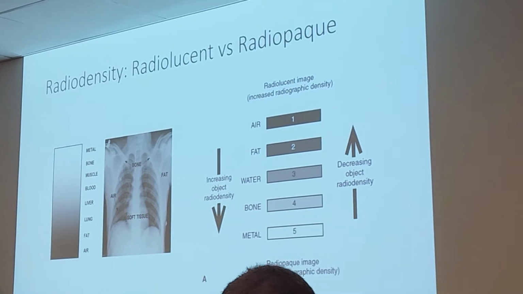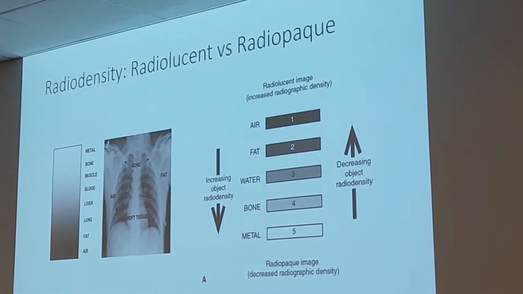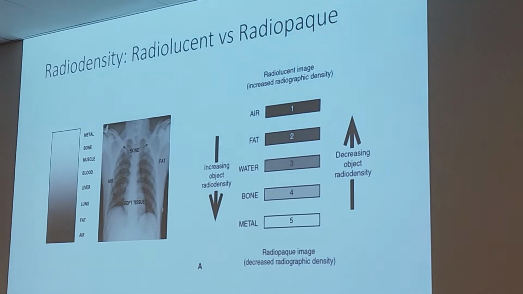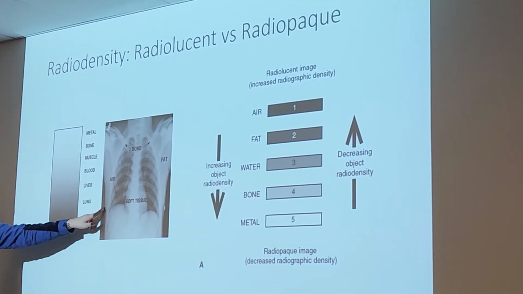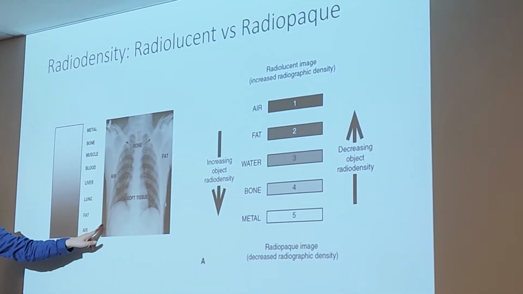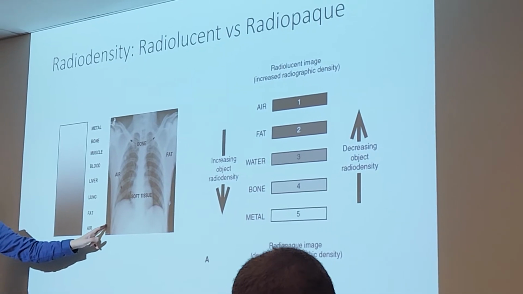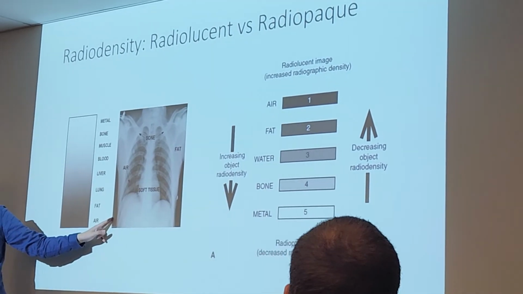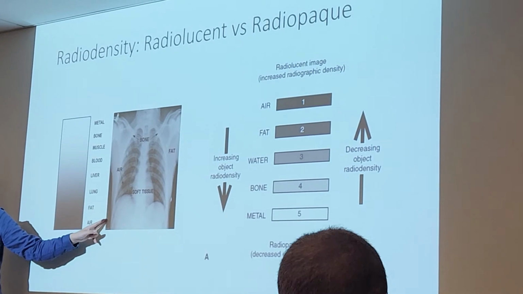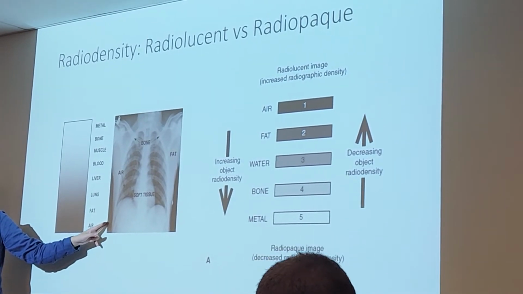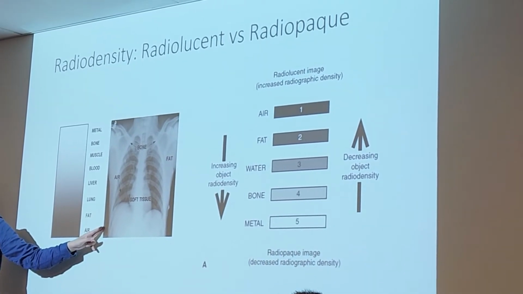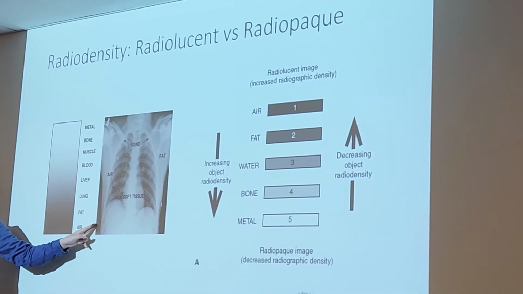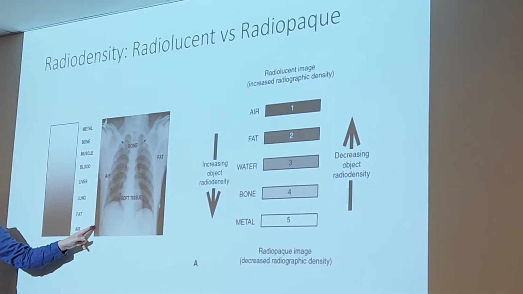The areas that got very few X-rays are going to be considered not dense. So the black areas, the places which let X-rays through, are radiographically dense because air is not radiodense. So instead of radiopaque, air is radiolucent. Does that make sense? Yeah.